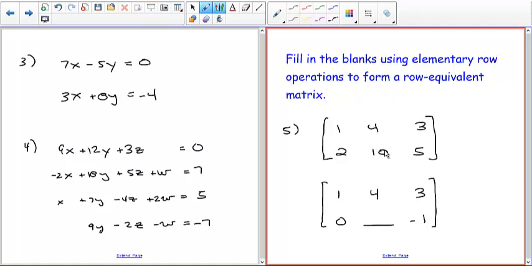And then the second row operation is to multiply or divide a row by a constant. And the third operation is to multiply one row by a constant and add or subtract it from another row. So we're going to practice that.